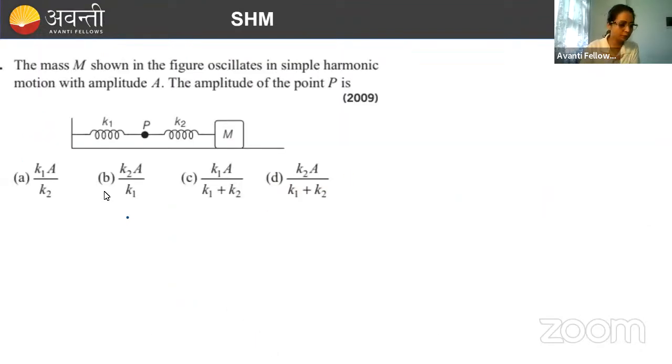Now everyone do this question. Again, yesterday I discussed how you will decide which one is in series, which one is in parallel. So done that, you know. But here what concept will come in use? In series what happens? Which tension remains same or displacement remains same? That will come into use here.